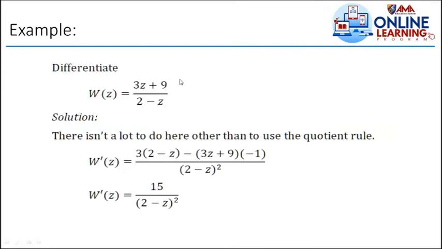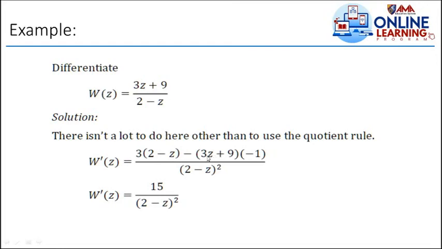And last, differentiate the value over z is equal to 3z plus 9 divided by 2 minus z. So again, this is our u, this is our v. The formula is v du minus u dv. Our v is 2 minus z. Then our u is 3z plus 9.